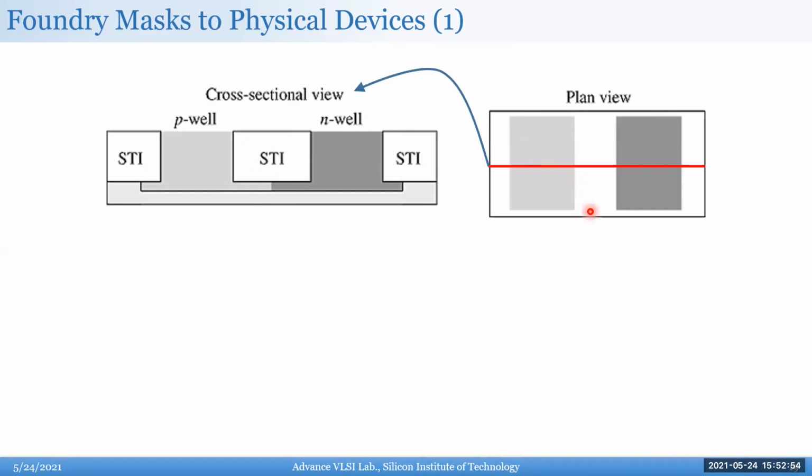Wherever you have these non-diffusion areas or non-well areas, they use the mask. So to create the STI, they'll combine the P well and N well, take the inverse of that, and create the STI. You want STI wherever there is no P well or N well. So all this should be STI, shallow trench isolation.